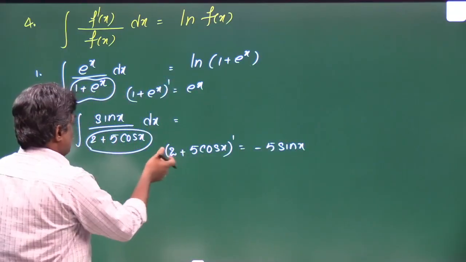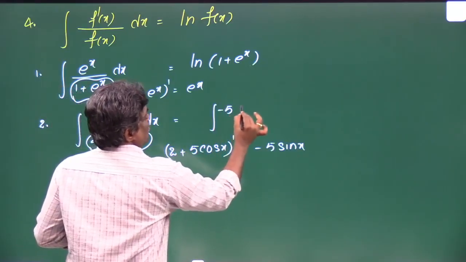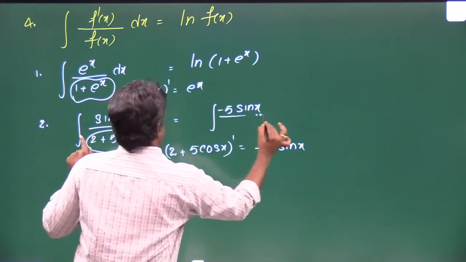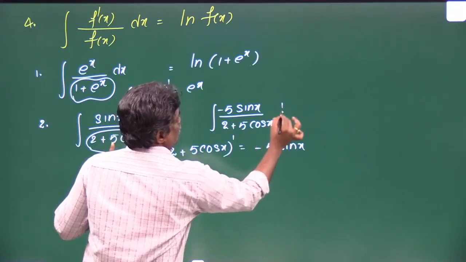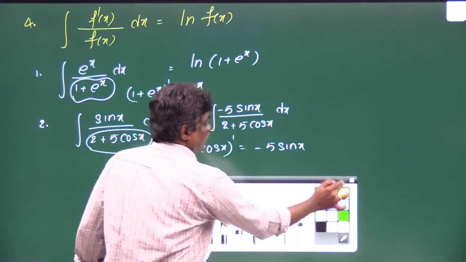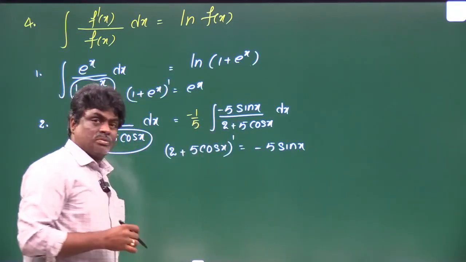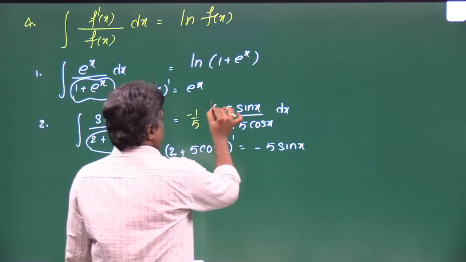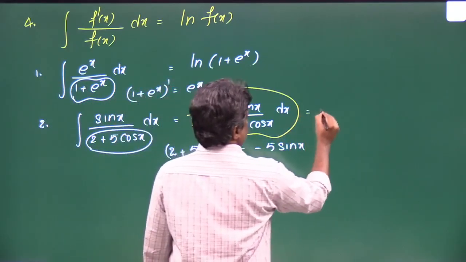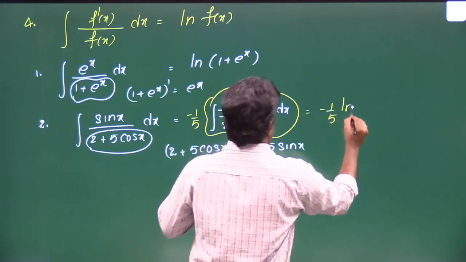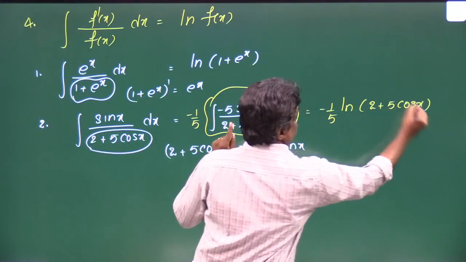So of course minus 5 is missing, no problem. Just write minus 5 sin x by 2 plus 5 cos x, and pay the compensation: whatever you have written extra, that minus 5, just divide by minus 5. So this entire thing is nothing but f dash of x by f of x, which is minus 1 by 5 log of 2 plus 5 cos x.